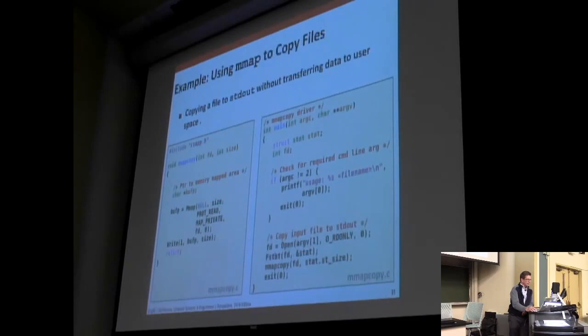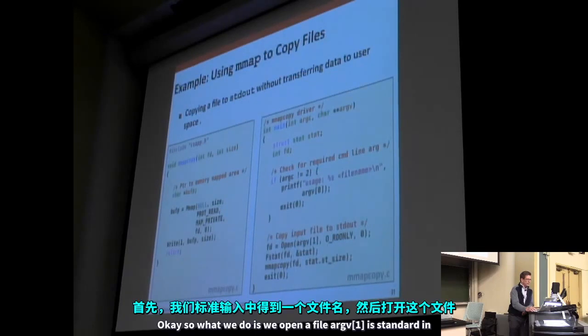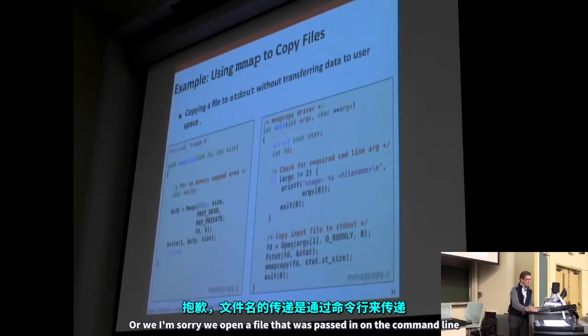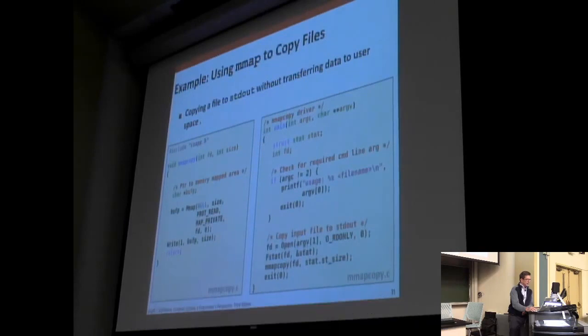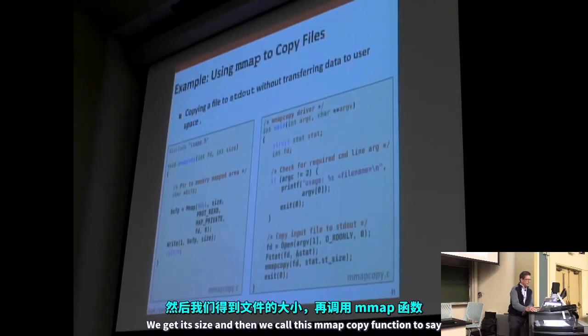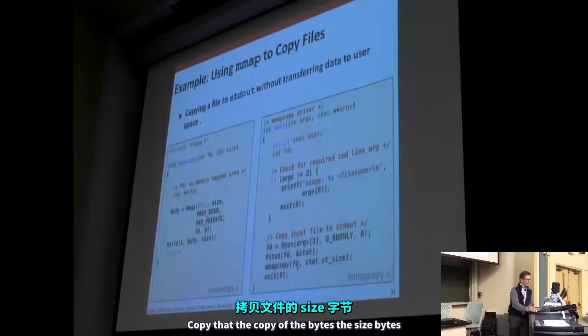Okay. So what we do is we open a file. I'm sorry, we open a file that was passed in on the command line. We get its size, and then we call this mmap copy function to say copy the size bytes from this file to standard out.